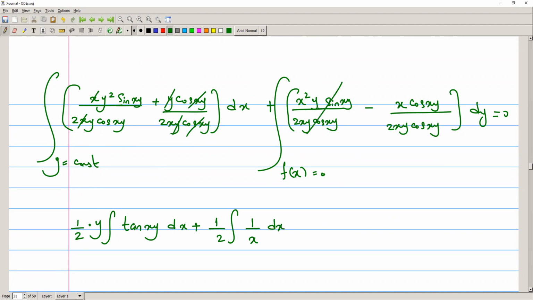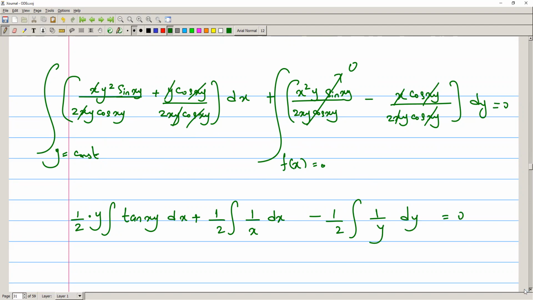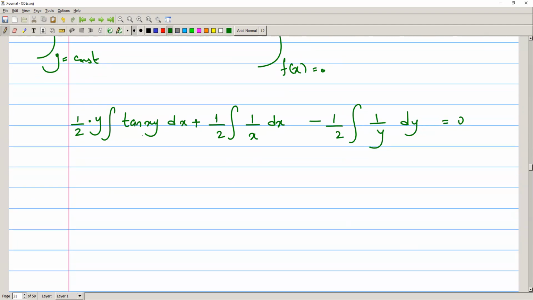The dy term will be 0 for functions of x, and here x and x will cancel out, cosine xy will cancel out, and we will be left with 1 over 2 times the integral of 1 over y, equal to 0. So now we can integrate this function.